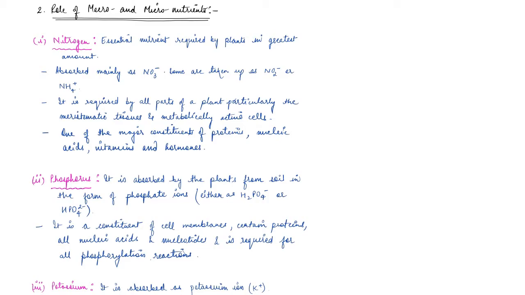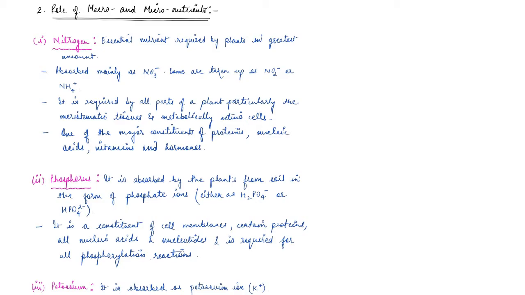So let's start with the role of macro and micronutrients, guys. Now we know from the previous video that the essential elements perform several functions, right? Some of them participate in metabolic processes, some activate or inhibit enzymes, and some form structural elements, all of which we have studied in the previous video.